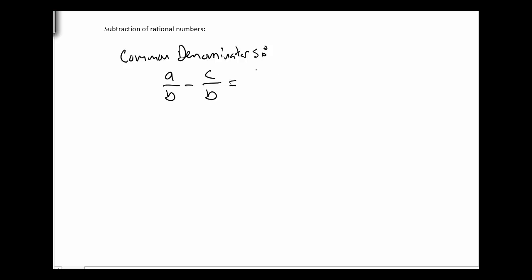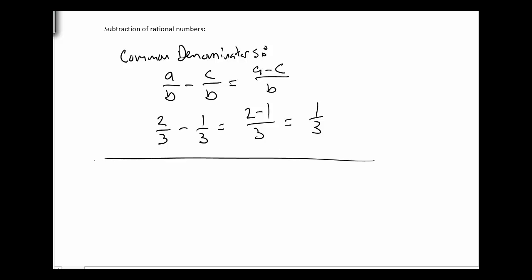We would simply translate that to be a minus c over b. So 2/3 minus 1/3 would be 2 minus 1 over 3, which gives us 1/3. That would be one illustration of that.